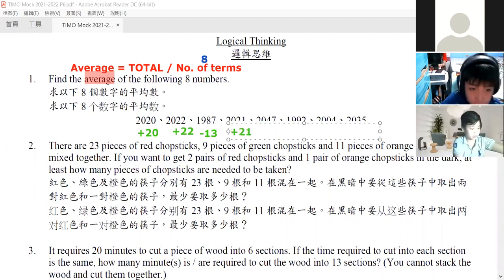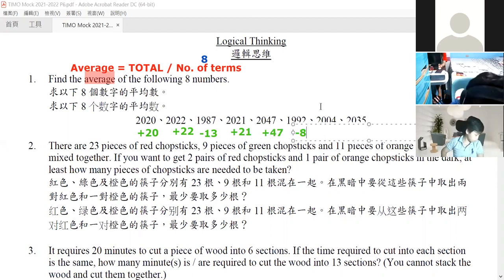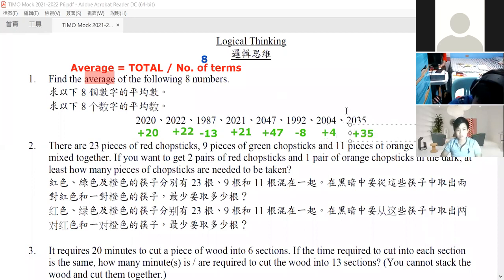And then it will be plus 47, minus 8. Again, 2,000 minus 8 is 1,992. And then this will be plus 4, and then this would be plus 35. So instead of adding all these 2,000s again and again, we would like to add these simpler numbers.